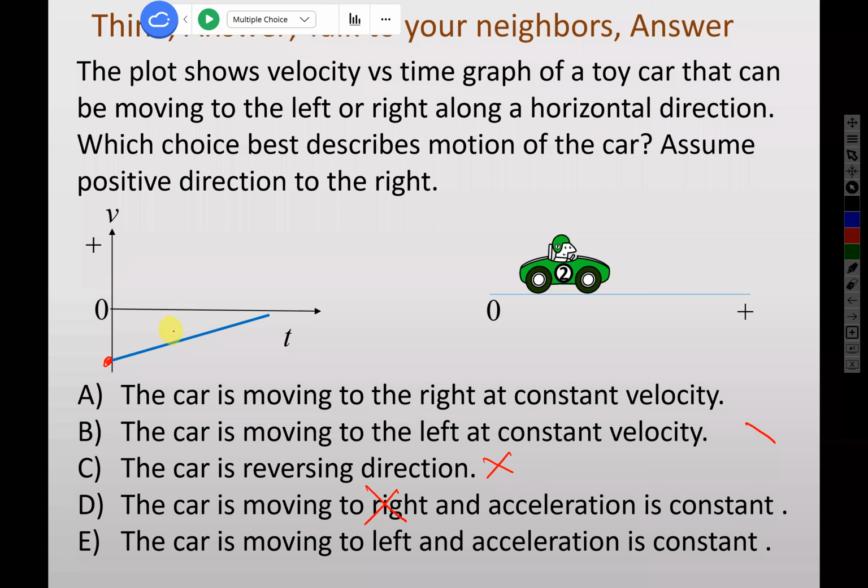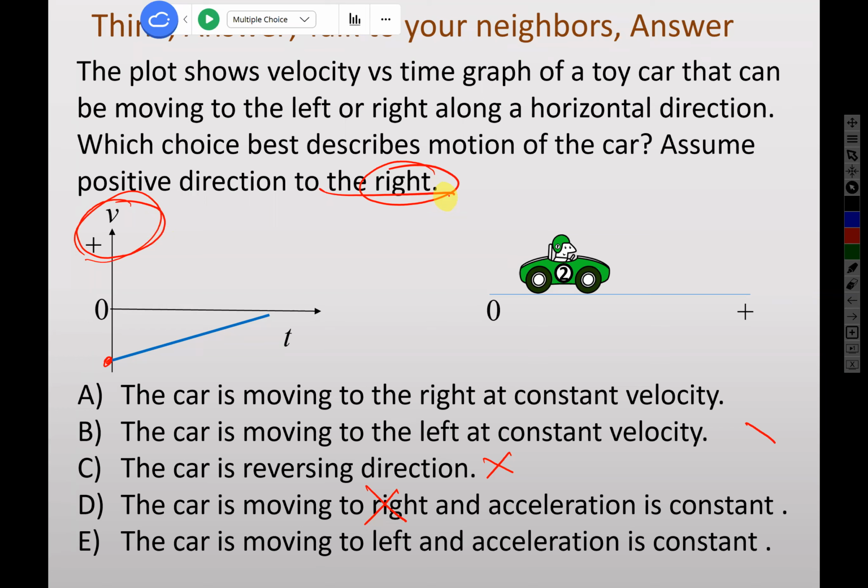So right or left, in terms of position, we need to know that based on, if velocity is positive, that means it's moving to the, let's say, right direction.